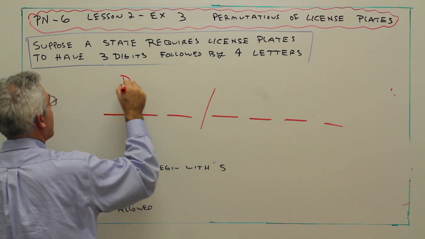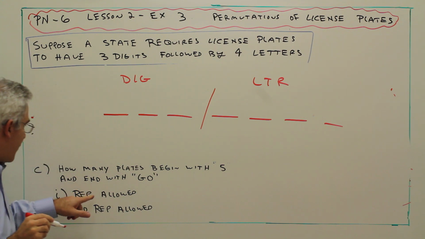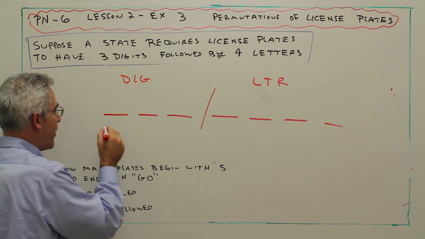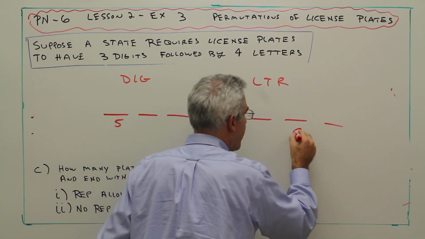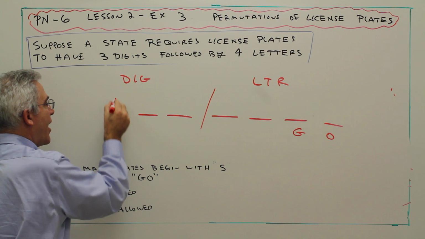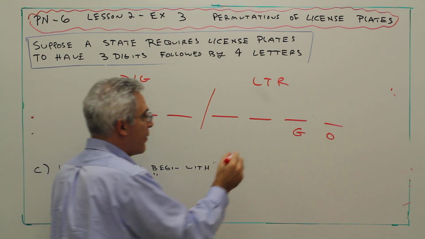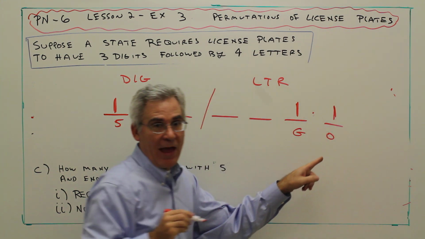So these are the digits, these are the letters. So it says it must begin with the digit 5 and it must end with GO. So I just kind of put what the possibilities are below. Well, there's only one way of doing that. There's one way of doing that, and there's one way of doing that.